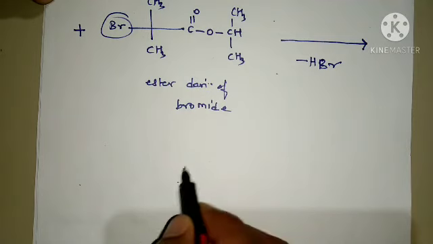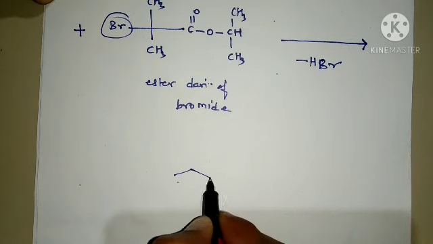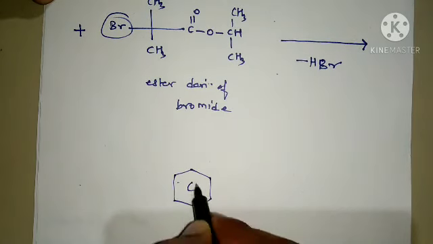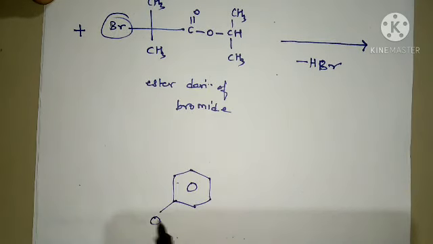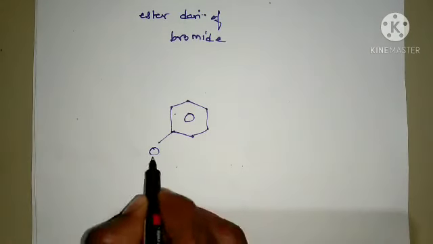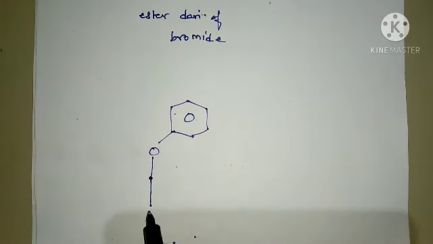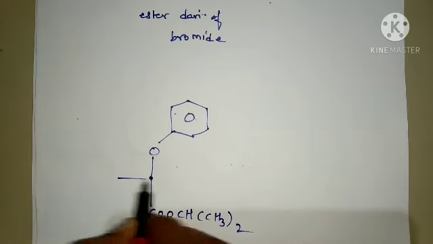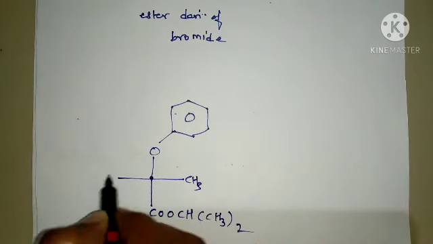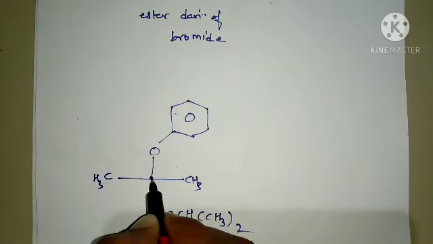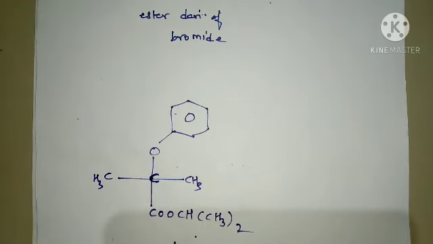So how to draw the structure? A benzene ring is attached with oxygen, and this oxygen is again bonded with C, CH3 twice, the two CH3 groups and this one carbon.